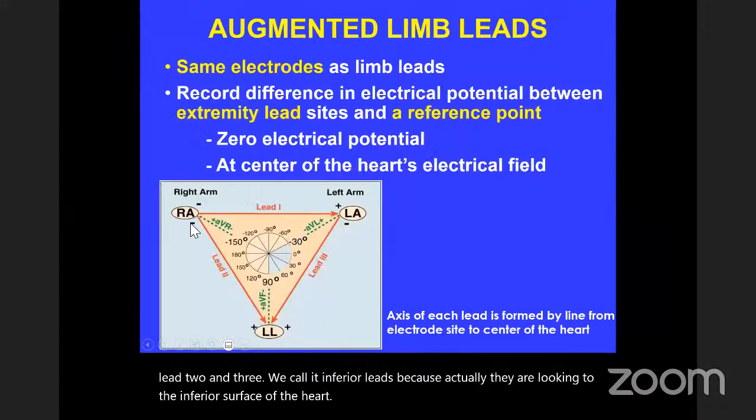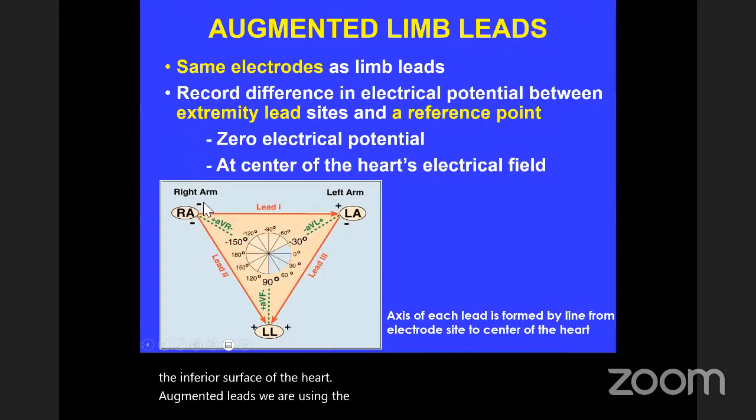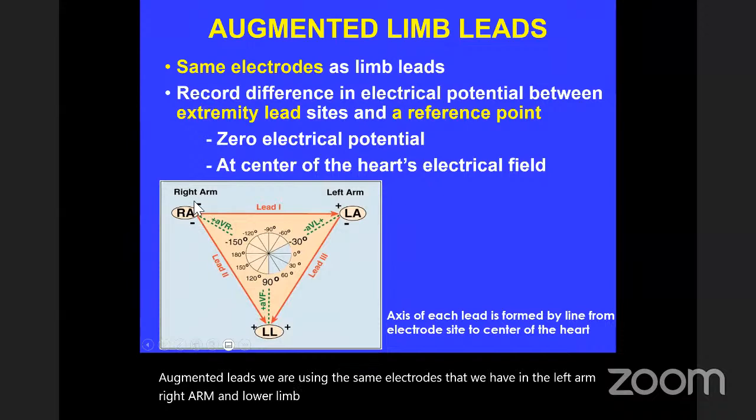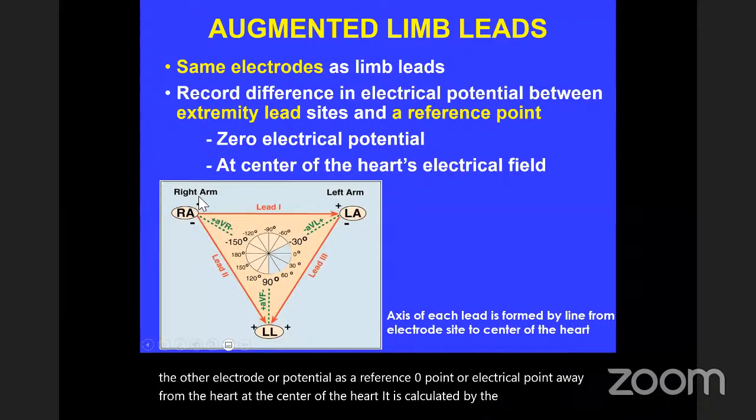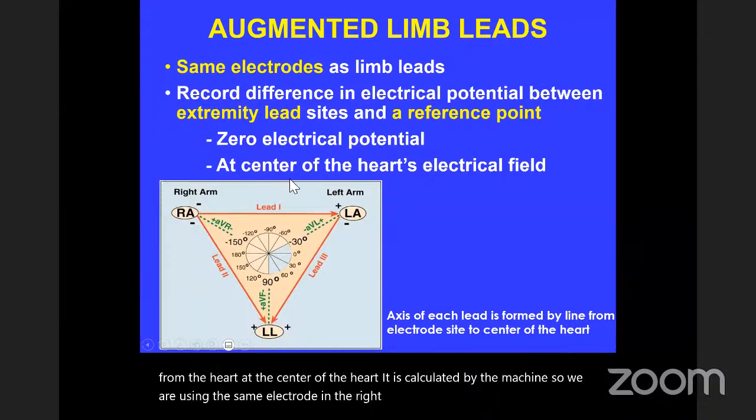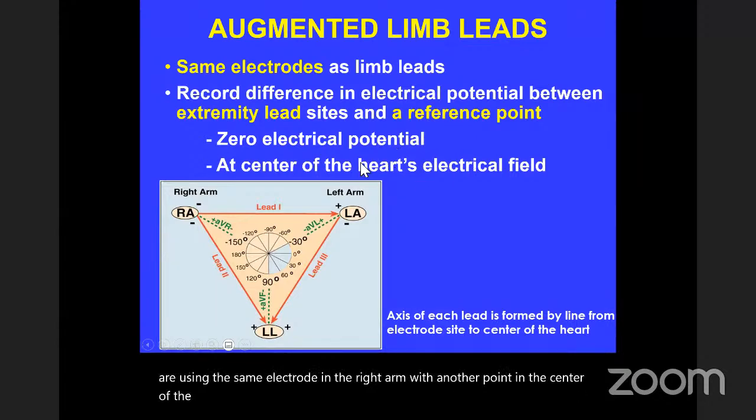For augmented leads, we are using the same electrodes that we have on the left arm, right arm, and lower limb, but we record from this electrode and calculate the other potential as a reference point, a zero point or electrical point at the center of the heart. It is calculated by the machine. So we are using the same electrode on the right arm with another point in the center of the heart calculated by the machine.